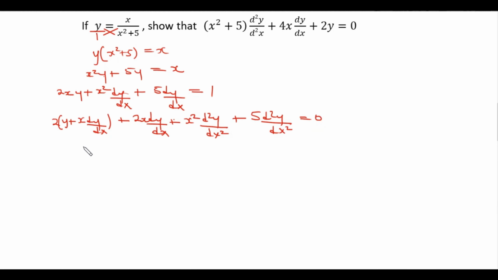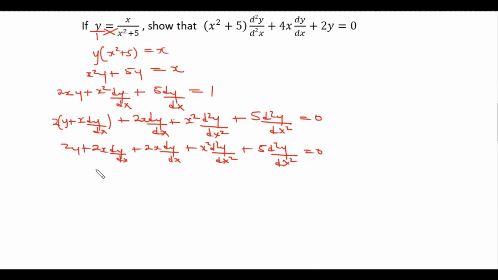So this is now 2y plus 2x dy/dx plus 2x dy/dx plus x squared d squared y all upon dx squared plus 5 d squared y all upon dx squared equals 0.